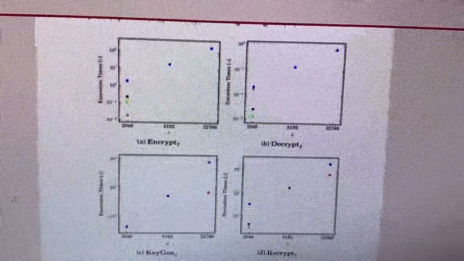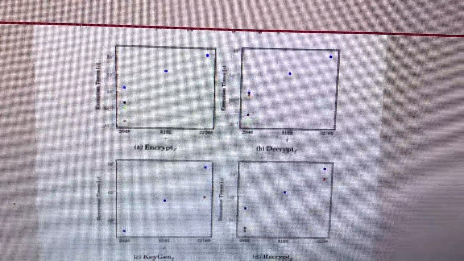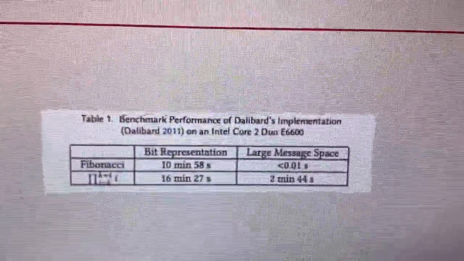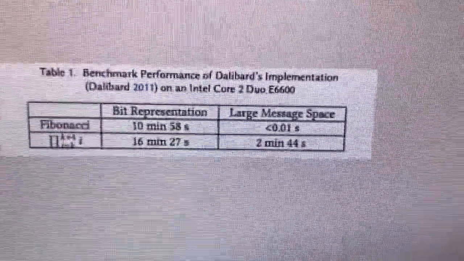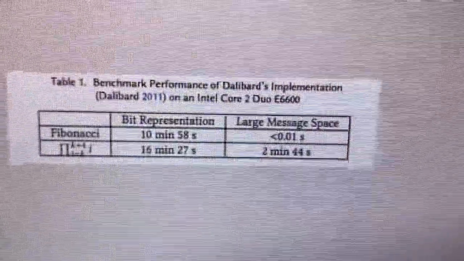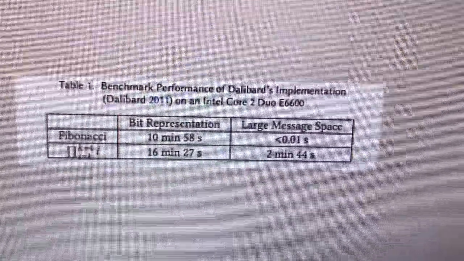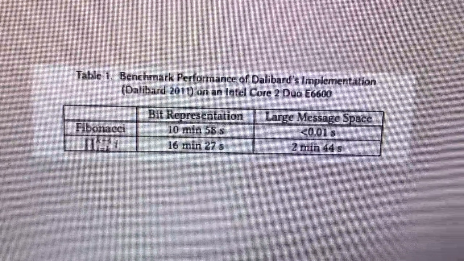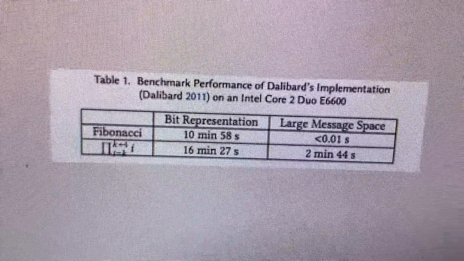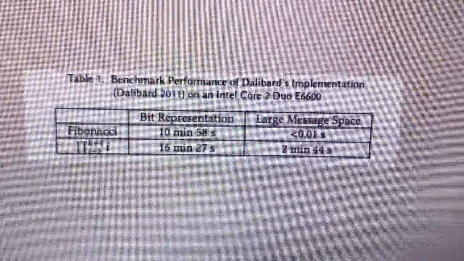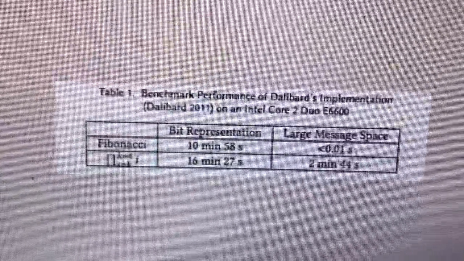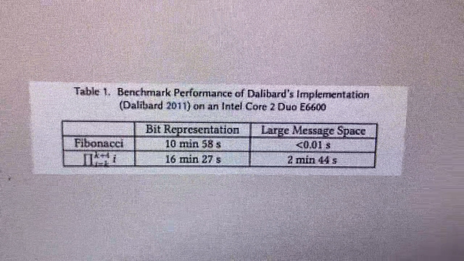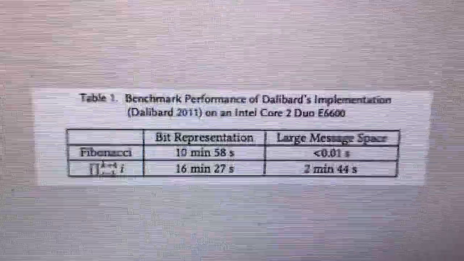Both reside somewhere between 10 and 100 milliseconds runtime. Also, this figure shows us a particular example on an Intel Core Duo E6600 processor. We can see that if we are not taking into account bit representation and instead use large messages, the performance drastically improves as we convert our data from bits to large messages.